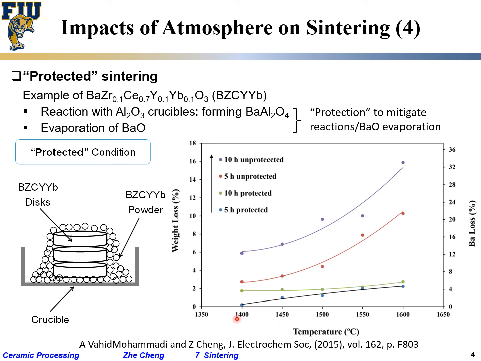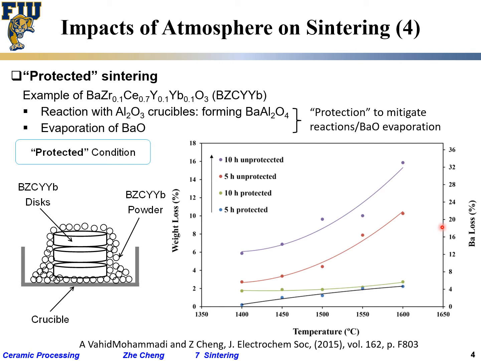We are looking at the different sintering temperatures, for 5-hour versus 10-hour. And then we are plotting the so-called weight loss for my sample, or converted barium loss.